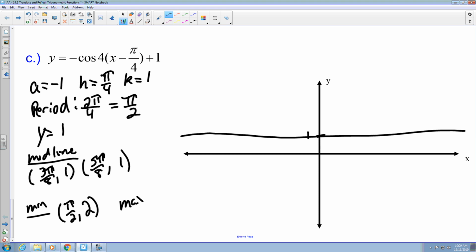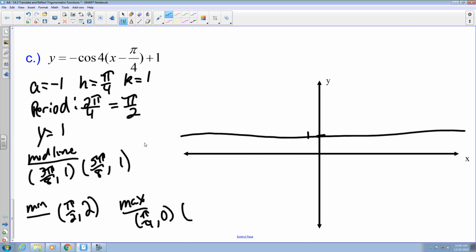And my max is going to be, it's just going to be h. So h is pi over 4, comma, a plus k, which will give us negative 1 plus 1, which is 0.